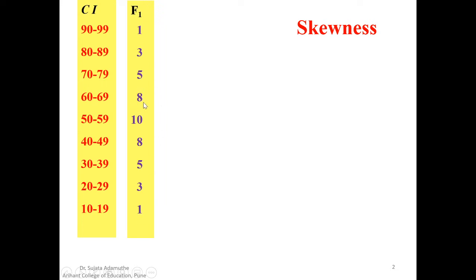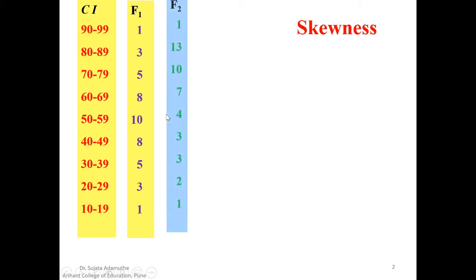That means here also 8, 8, 5, 5, 3, 3, 1, 1. If we draw the graph curve of this group, we will notice that it will be a normal probability curve. That means the middle has the highest frequency and both sides reduce in the same manner.